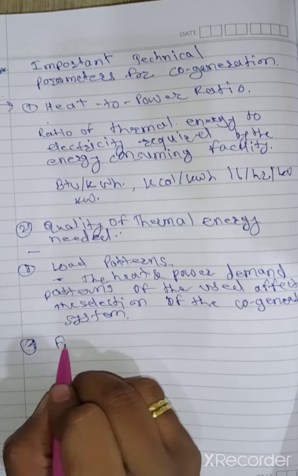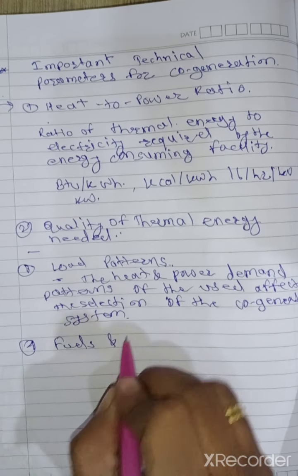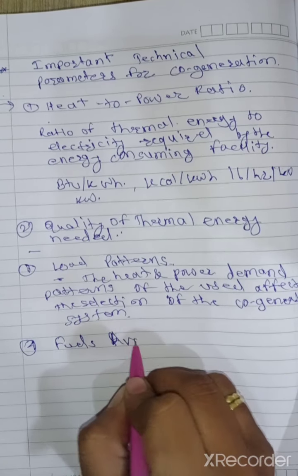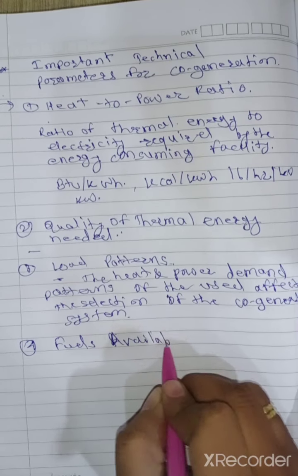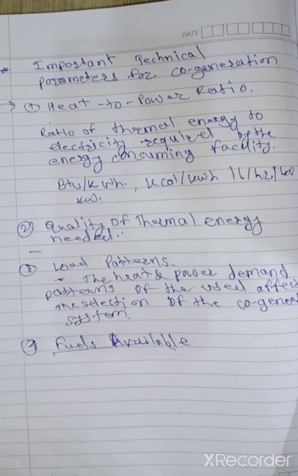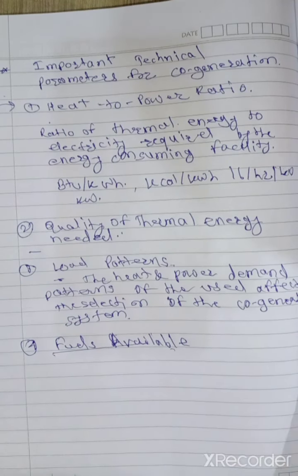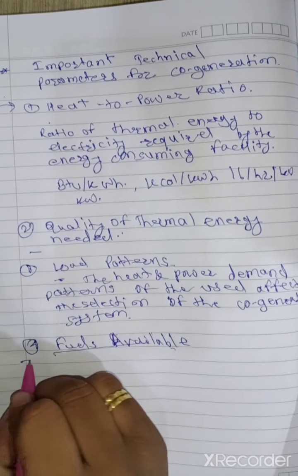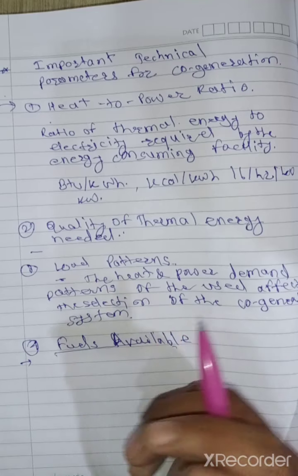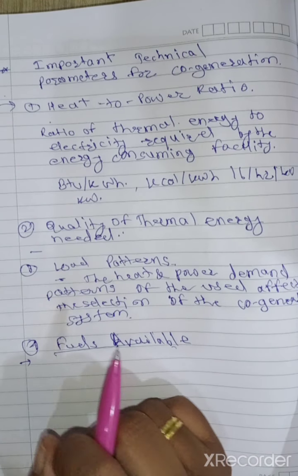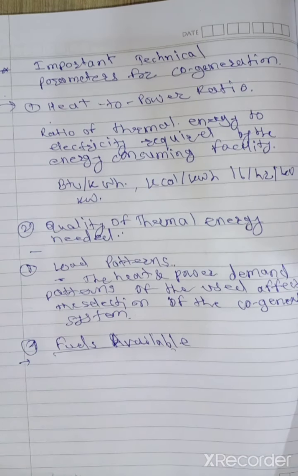Fourth is fuel availability. Which fuel is available for the plant is a very important parameter. Depending on the availability of fuel, some potential cogeneration systems may have to be rejected.